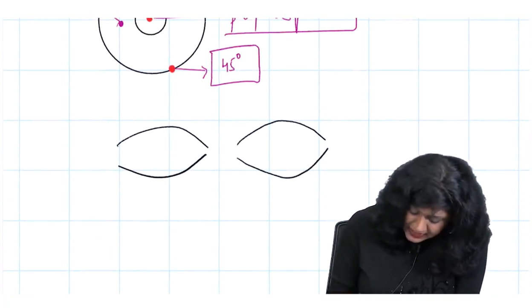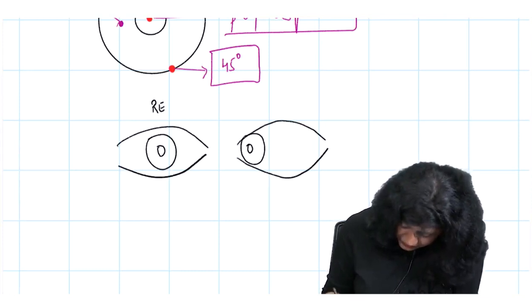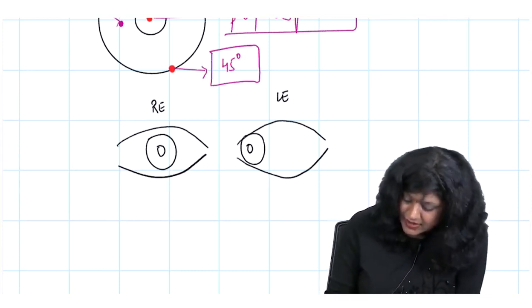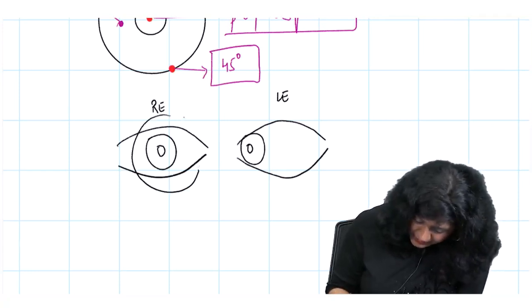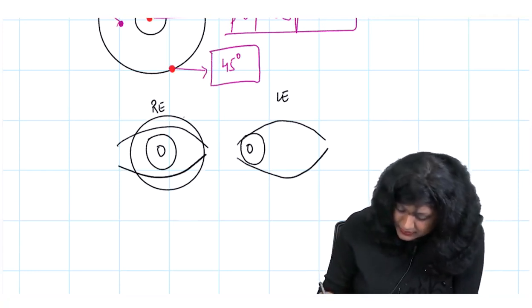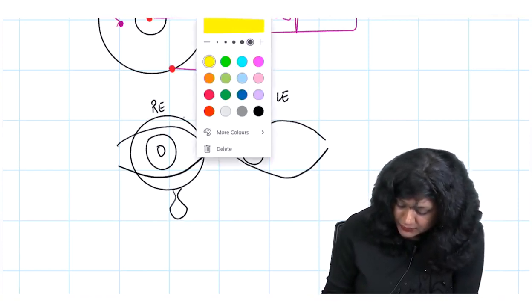They are saying that suppose this is the right eye here, normal one, and this is the left eye. They say that when we are covering the right eye with the help of an occluder, so let's see how we are doing it.